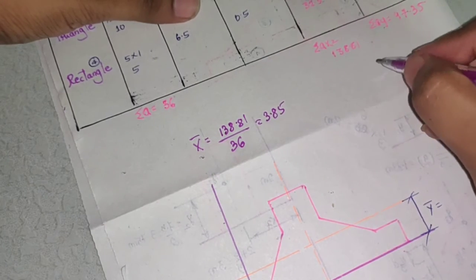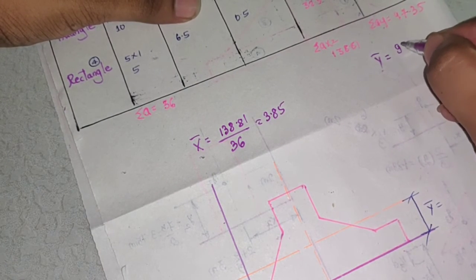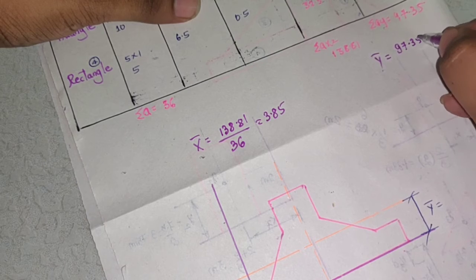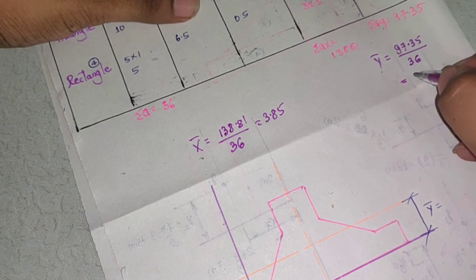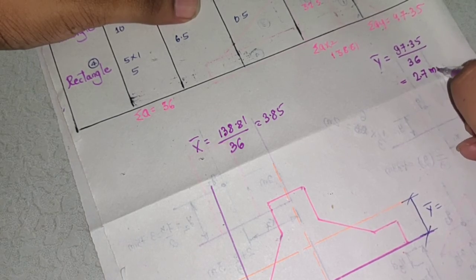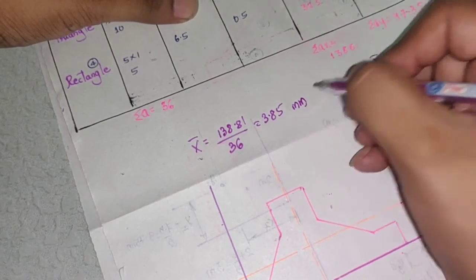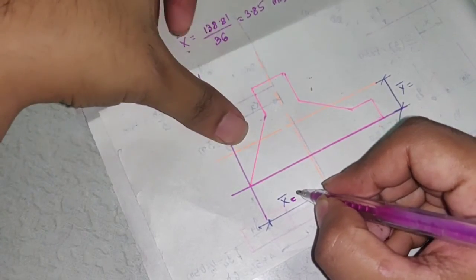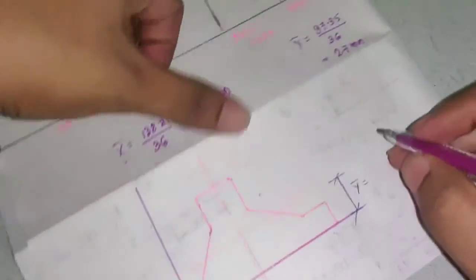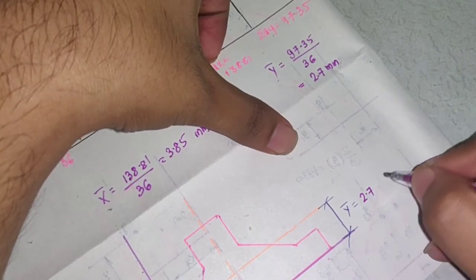Similarly y bar: A into y is 97.35 divided by 36, and you will get 2.7. So this completes your problem. Just mark the values of x bar and y bar: this is 3.85 and this is 2.7.